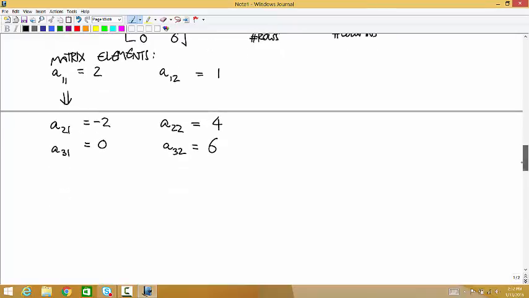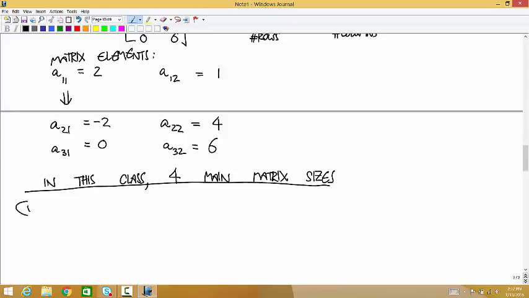We are going to deal with primarily four sizes of matrix. The first one is the one the class is kind of built around, a 3x3 matrix, and that's the size of the stress tensor.